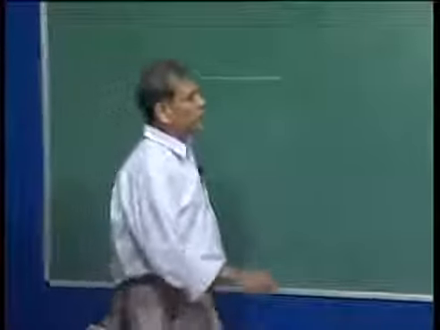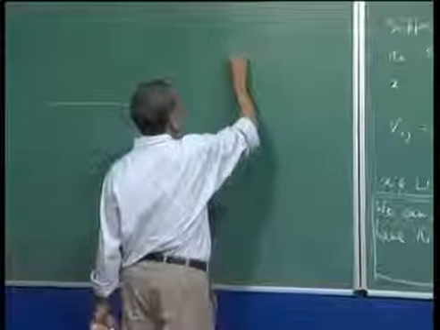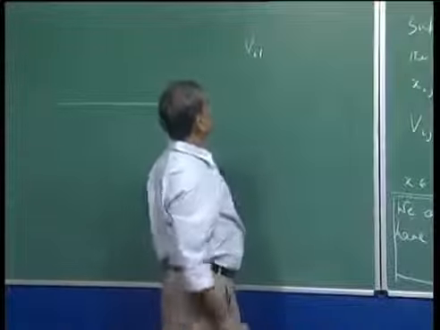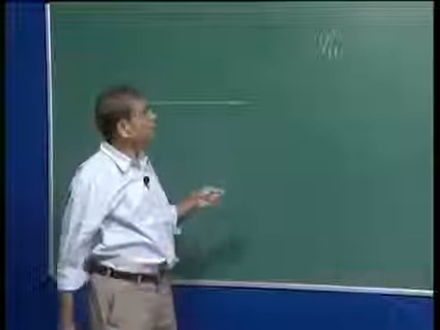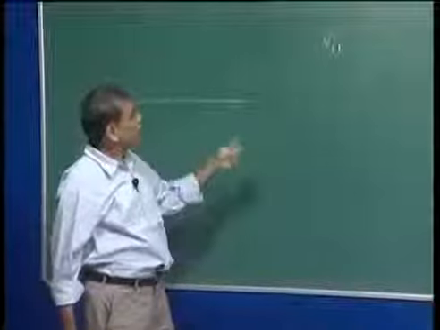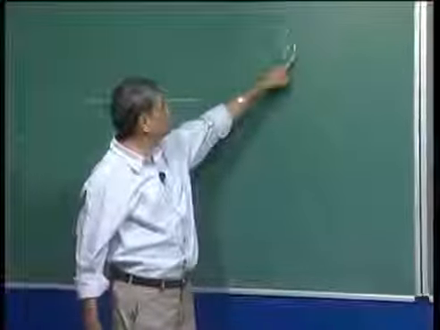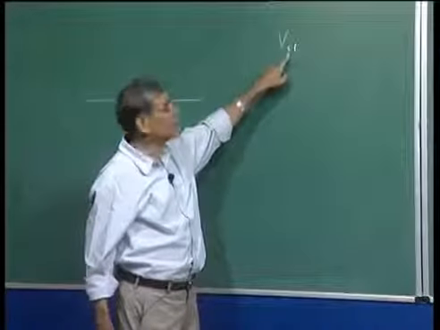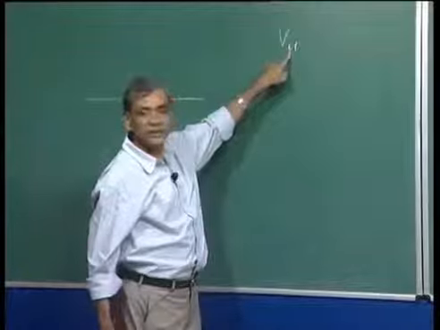First of all, what is Vi1? Vi1 is the set of all non-terminals which generate the substring of length 1 starting at position i of the string x.